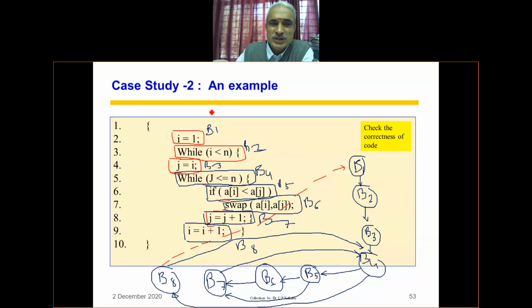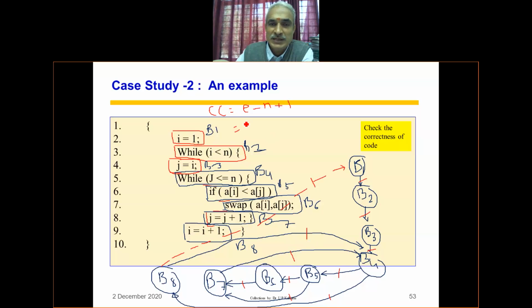The cyclomatic complexity number is calculated as the number of edges minus the number of nodes plus one for connected components. Counting the edges: 1, 2, 3, 4, 5, 6, 7, 8, 9, 10, 11.